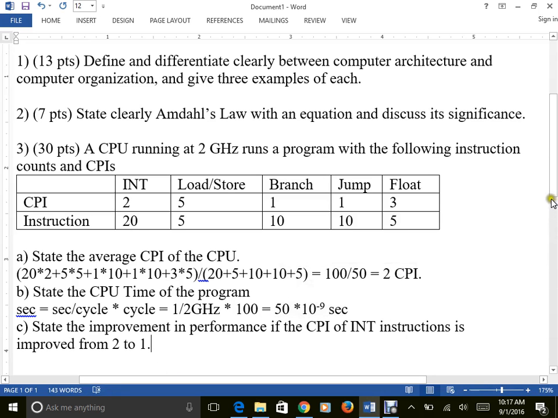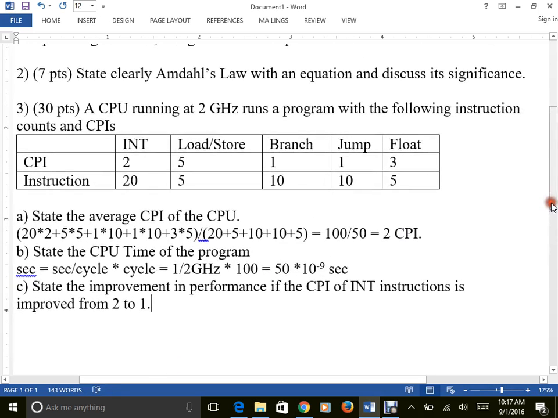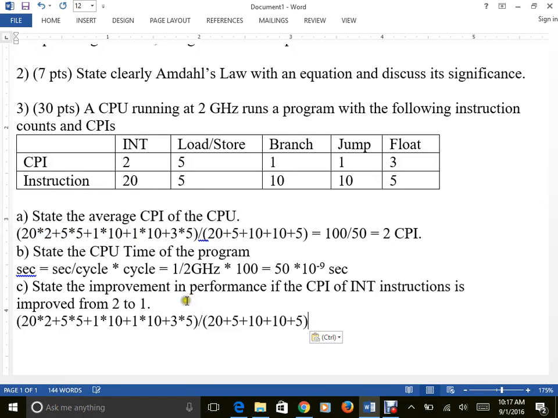So then the last part, and a lot of you got this right. State the improvement in performance if the CPI of integer instructions is improved from 2 to 1. So you took this part, you realize it's the same number of instructions, so the instructions cancel out, right? So normally you'd be doing this over this.